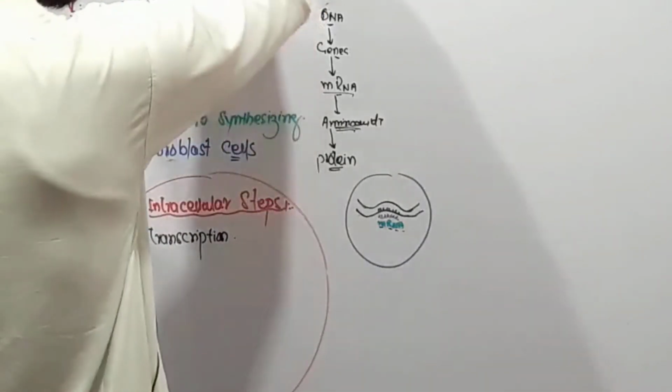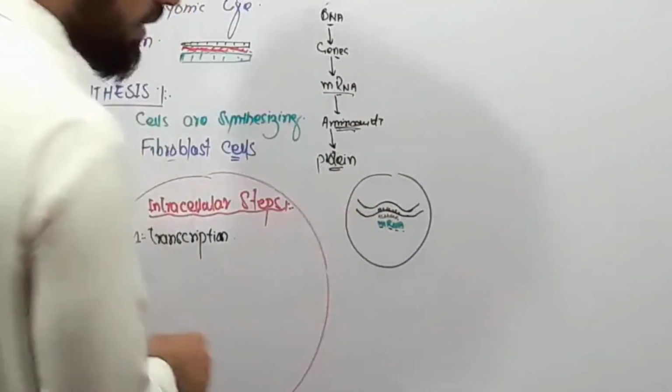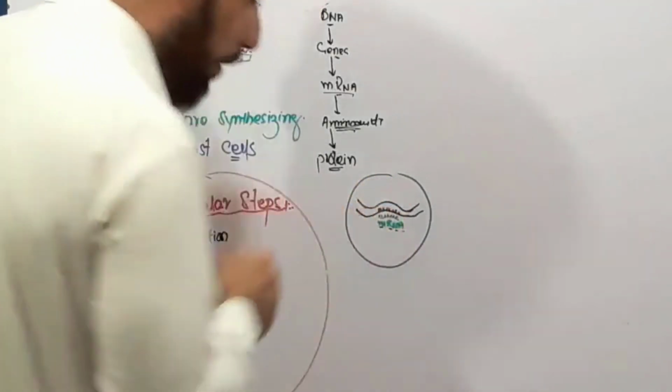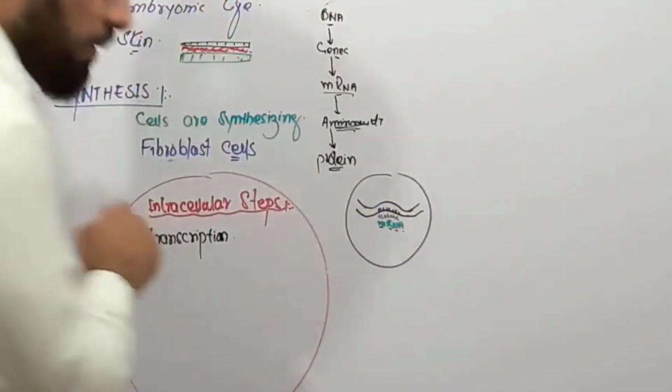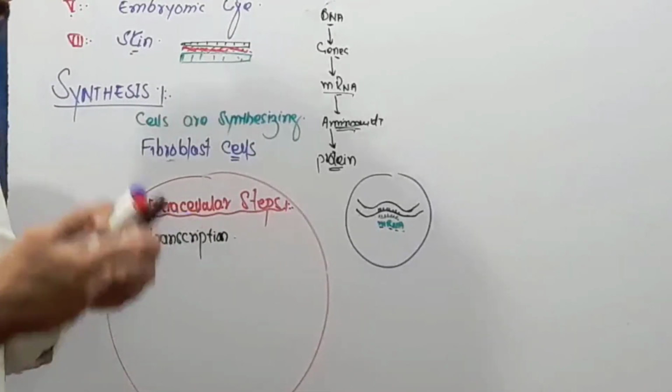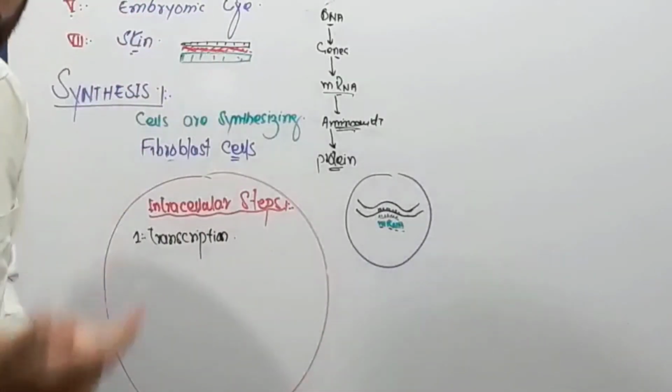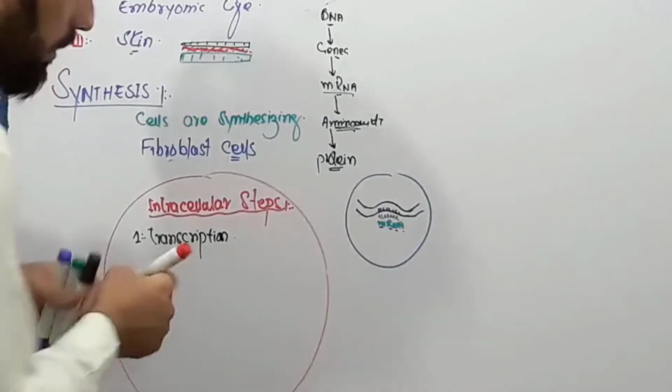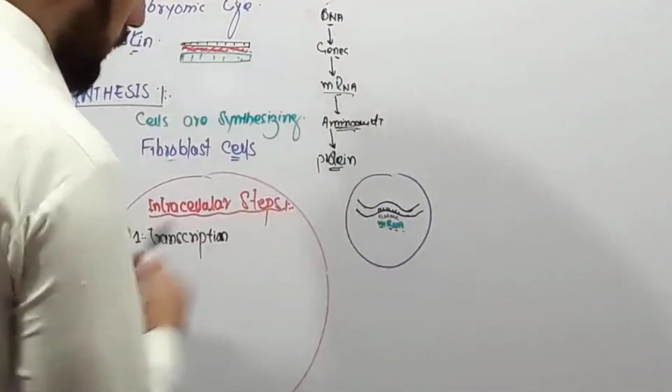So all these amino acids should have codes here on the DNA, and those codes should be copied and should be taken to the machinery which is ribosome, and that ribosome will read those codes and will join the amino acids and protein will be made. Done. Now this step is called transcription.